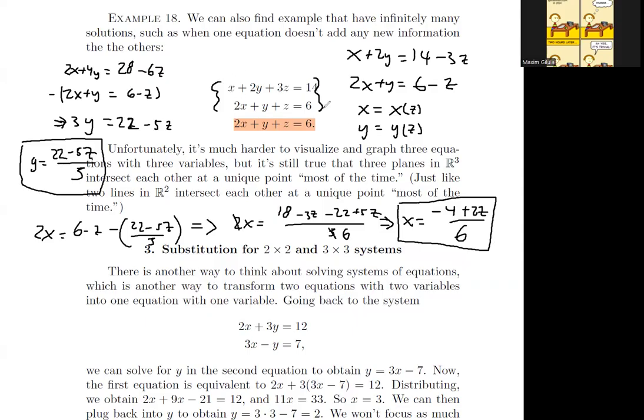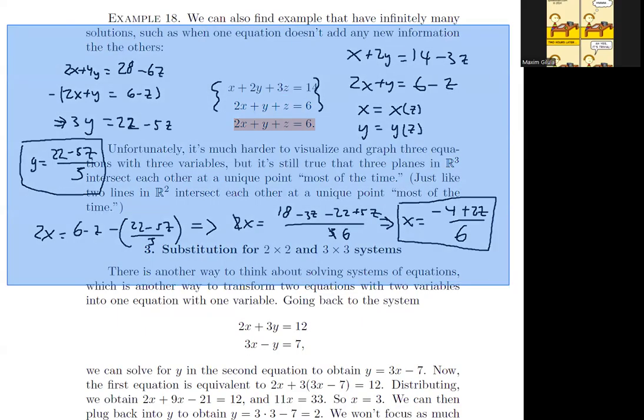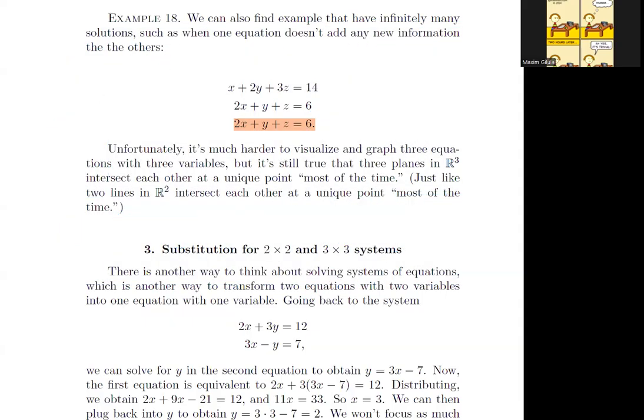So these 2x3 systems are not very complicated. You could think of them as 2x2 systems and let z be part of your answer. But then you get infinitely many solutions. You could also think of 3x3 systems or systems with more than two variables geometrically.